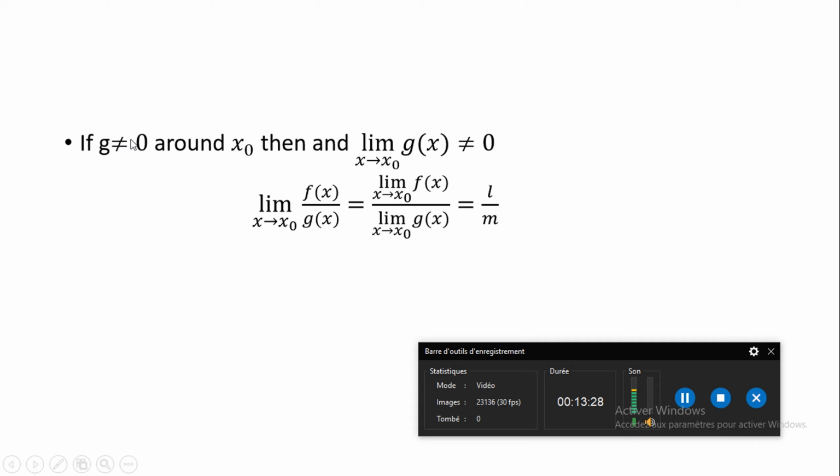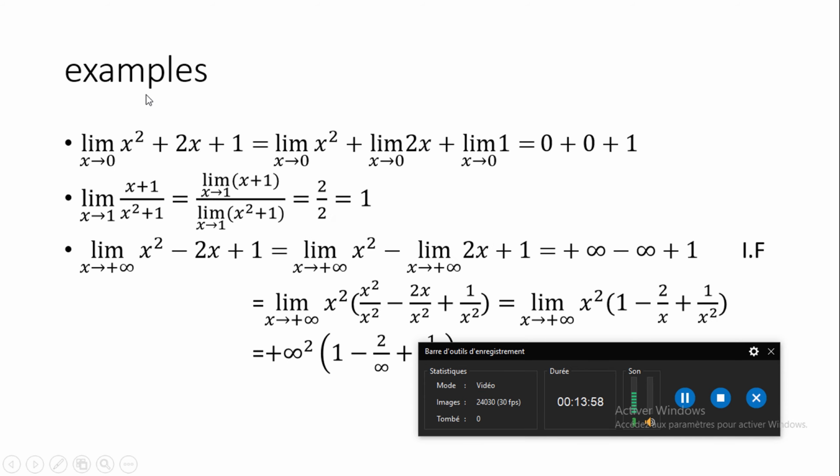If g is different from 0 around x0, and the limit of g of x when x gets closer to x0 is different from 0, then the limit of f divided by g is just the limit of f divided by the limit of g, which is just L over M. As we said, M is different from 0 here.